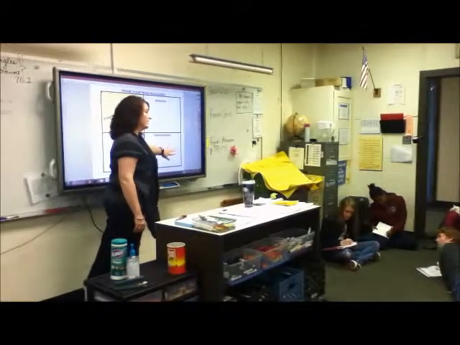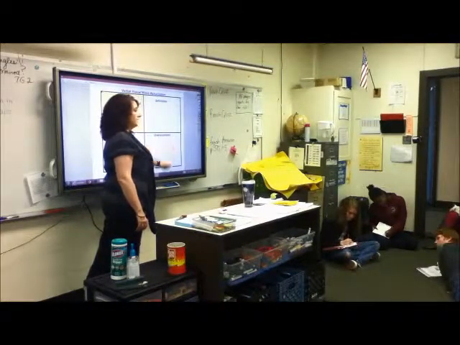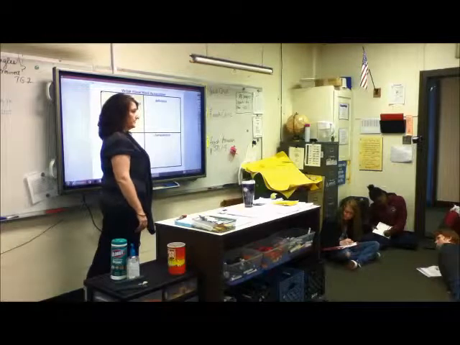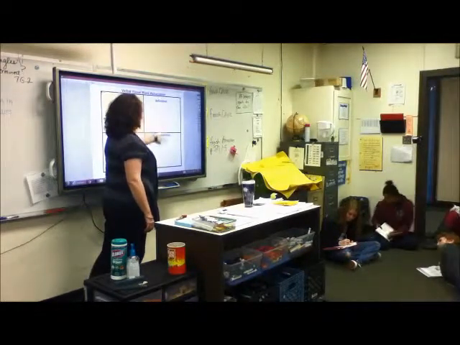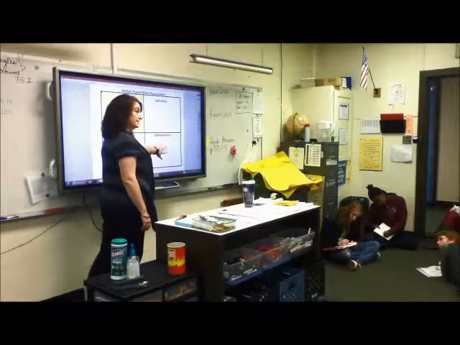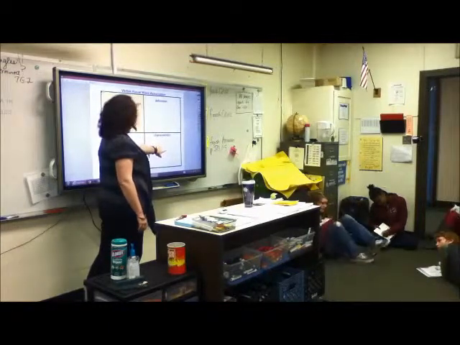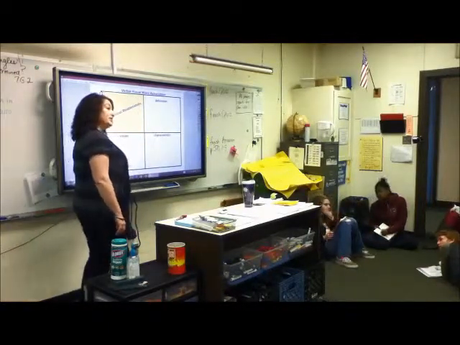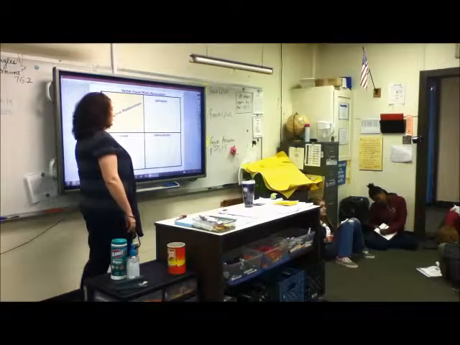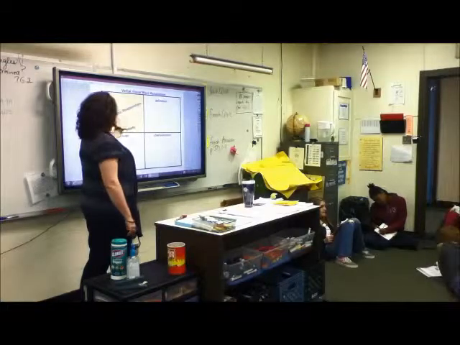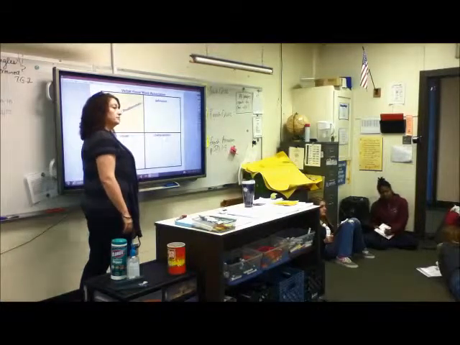This is everything we've done for all the weeks since we've returned from Christmas. So I would like for your group to come up with a definition, special characteristics you can list in the box there, and then I would like a visual. Think of all the things that you could draw to represent an example of this category, proportional relationships.